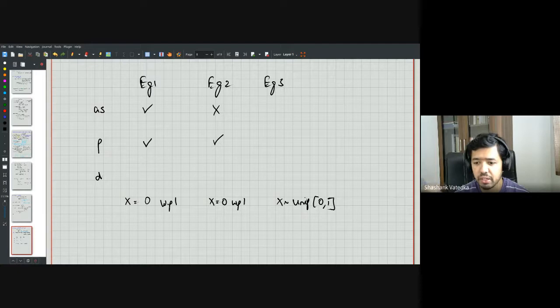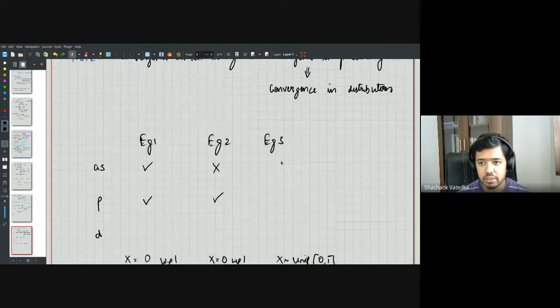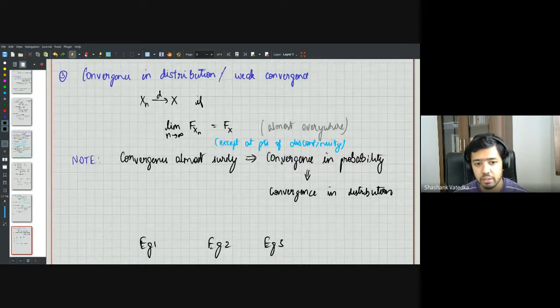And it's really by working out these examples that you get to know the subtle differences between these three notions of convergence. All right, so these three notions are indeed different. And in fact, it is possible to formally show the following. If a sequence converges almost surely, then it will converge in probability. And if a sequence converges in probability, then it will always converge in distribution. But in general, the reverse is not true.